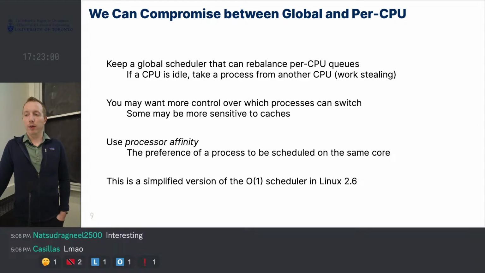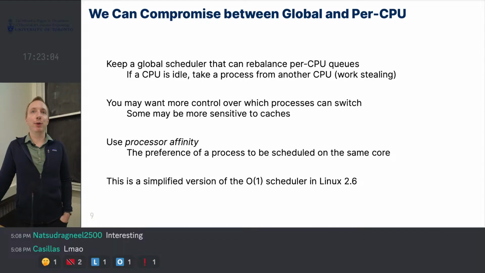So whenever this happens, that process that's switching CPU cores, well, it's going to have all its caches invalidated. If it's super performance sensitive, you probably don't want it to switch cores. So you might want some control over it, and that's what the term process affinity means. So it means the preference of a process to stay scheduled on the same core.